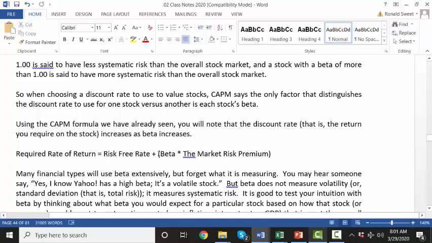If you're Ford, your beta is 1.8, you're going to add 80% more to your risk premium, and so you would expect or require a higher return on Ford than an average stock. And if you're doing Kroger, where your beta is very low, like 0.6, then you're going to reduce the market risk premium. You'll reduce it by 40% if you use a 0.6, and so your required return for Kroger would be much lower.